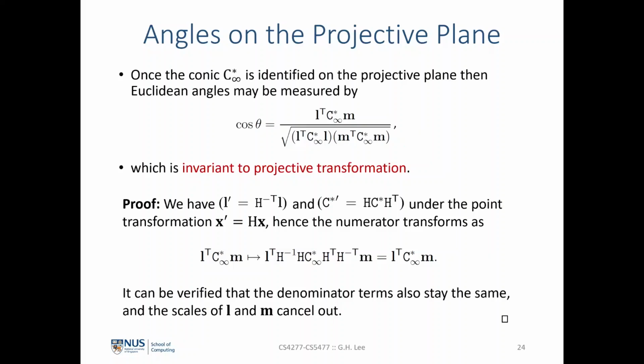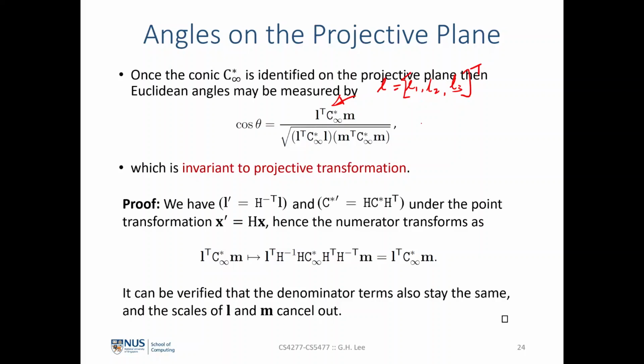We'll simply put this C infinity star between L transpose and M. So in this case, we're no longer just looking at the normal vector L1 and L2, but at the whole line homogeneous coordinates, incorporating all three elements into the line vector.